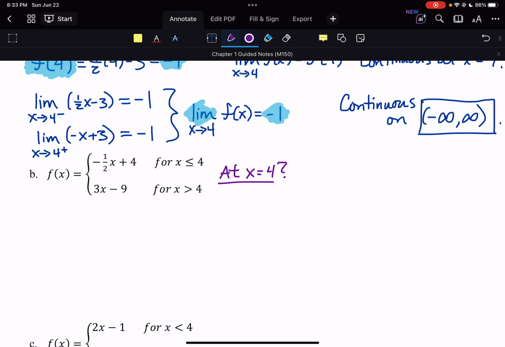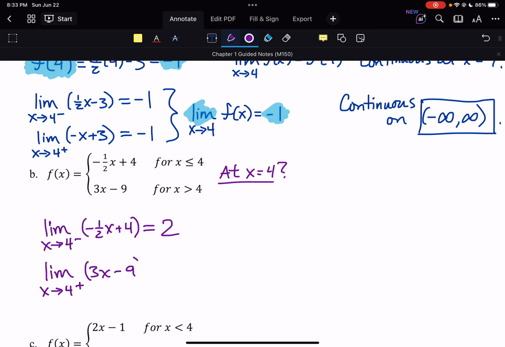Just like the last one. So if we take the limit as x approaches 4 from the left, plug in 4, that's negative 2 plus 4 is 2. So the limit as x approaches 4 from the right, we take 3x minus 9. 12 minus 9 is 3.